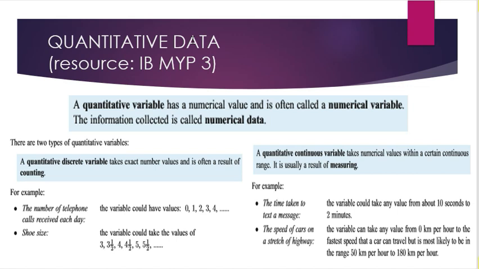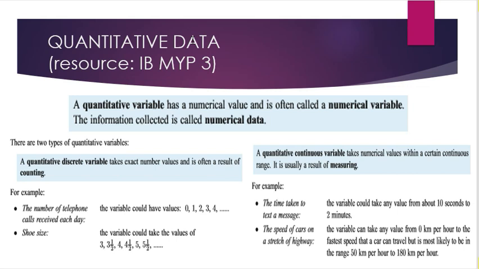The first is the quantitative discrete variable, which takes exact values and is often a result of counting. Examples are the number of telephone calls received each day, so it could be 0, 1, 2, 3, and so forth, or the shoe size in your family, where you get a specific number.